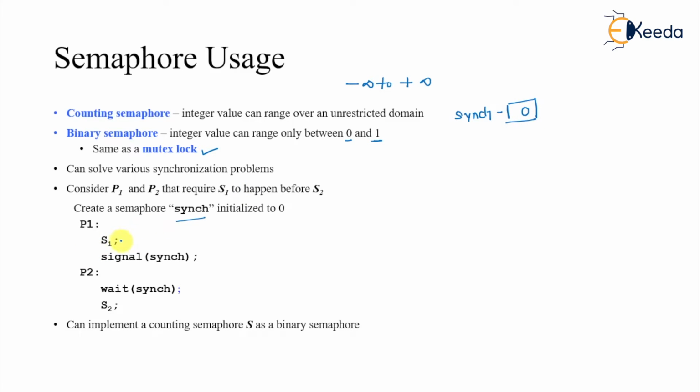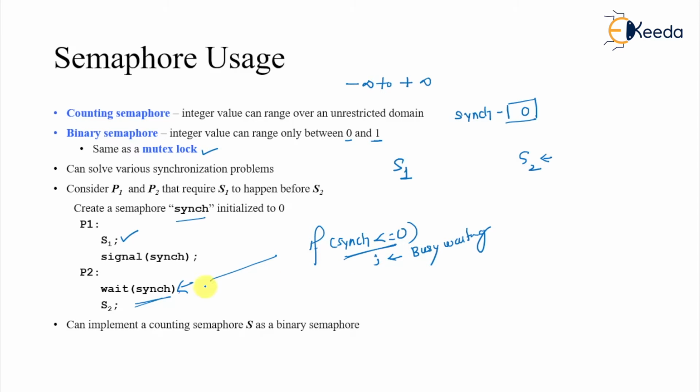S1 and S2 are two statements, and we want S2 to be executed later. Now the wait(sync) has been called, and it will just see whether the sync variable is less than or equal to 0, and if so, it will do the busy waiting.